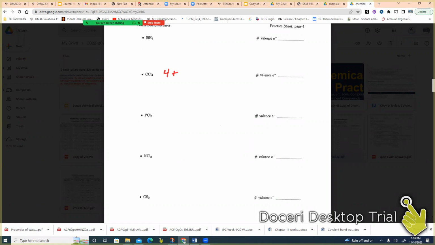Each chlorine has 7, and I have 4 of those. So that gives me 28 plus 4, which is 32. All right, which element am I putting in the middle? C. And so my next step is just attach all of these by just a single bond.